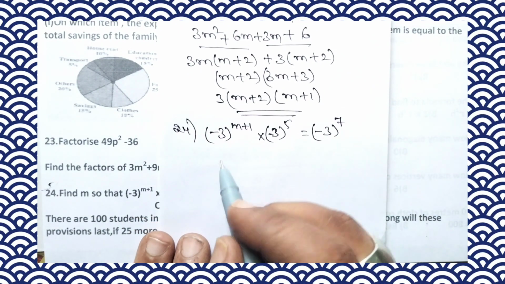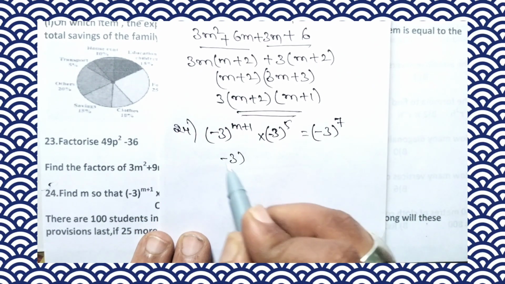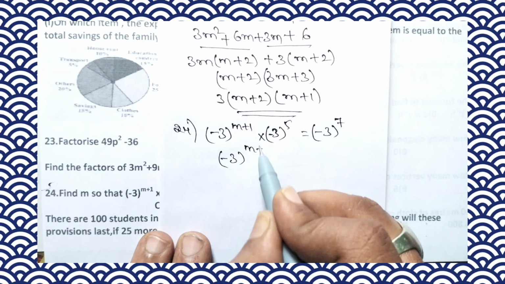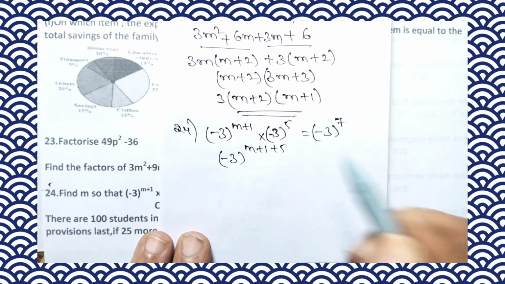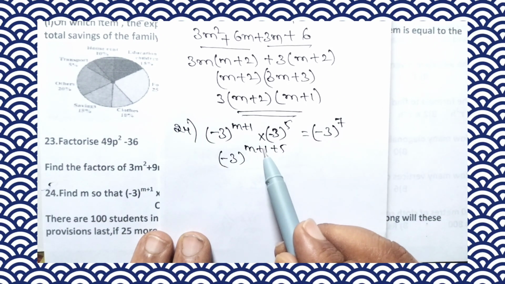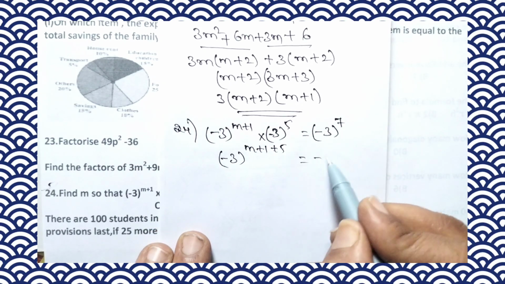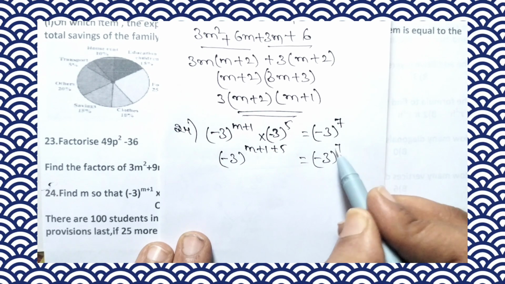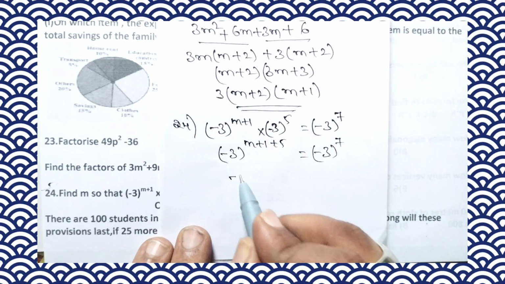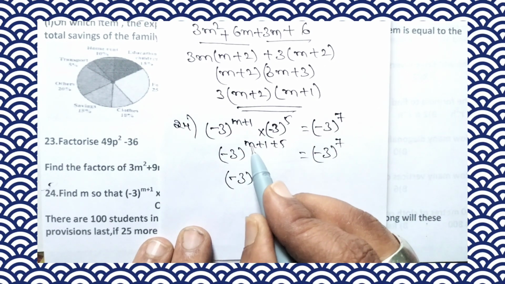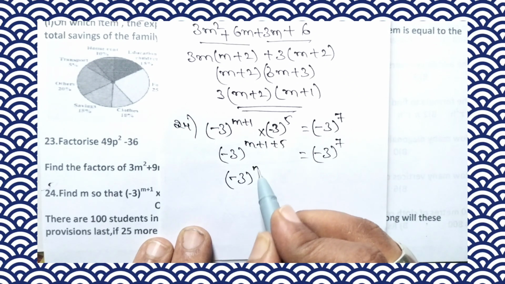So in the first step, minus 3 to the power of m plus 1 plus 5, because there is multiplication, I add the powers, is equal to minus 3 whole to the power of 7. So m plus 1 plus 5 is m plus 6.